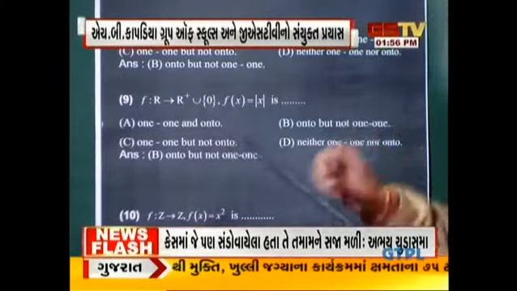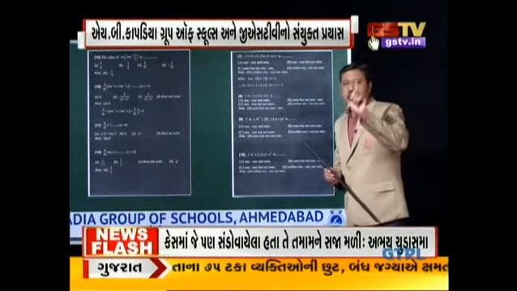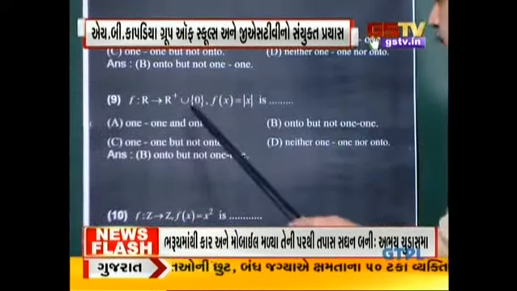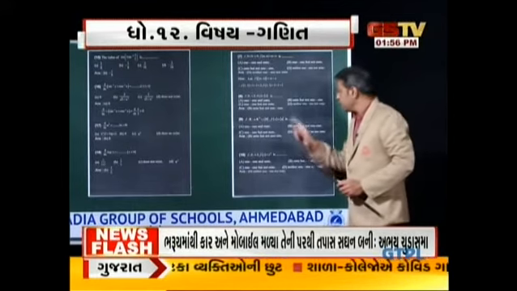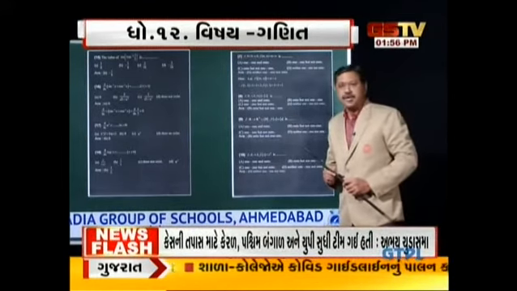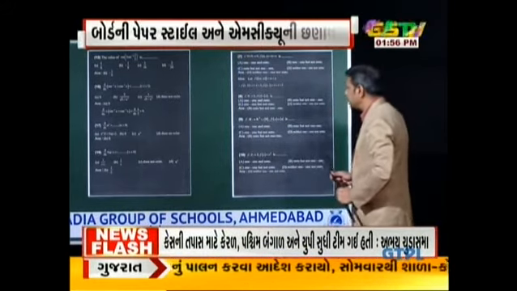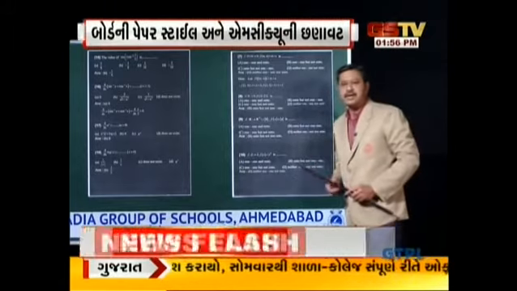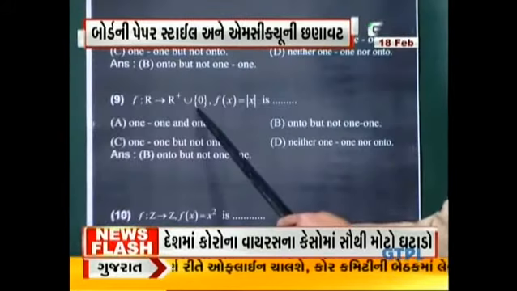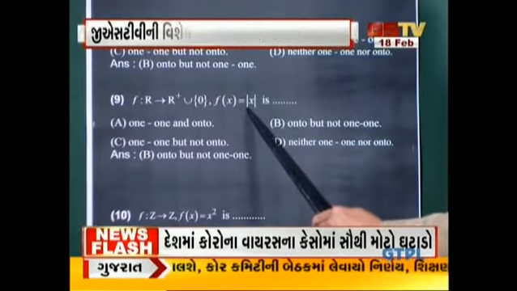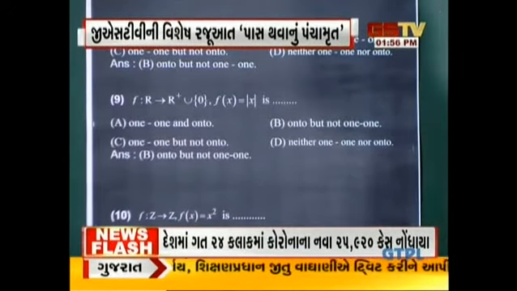Please remember here, students, in R plus, real positive numbers, 0 नहीं आता है, तो ये आपको ध्यान रखना है कि R प्लस यूनियन 0 होना चाहिए. कई बार बच्चे गलती कर जाए इसलिए ऑप्शन में रेंज के अंदर R प्लस देते हैं. So please remember this result: the range is R plus union 0 for the modulus function, because if we take the value 0, then our answer for range is also 0. So range is R plus union 0, range equal to codomain. So the answer is onto but not 1-1 function.